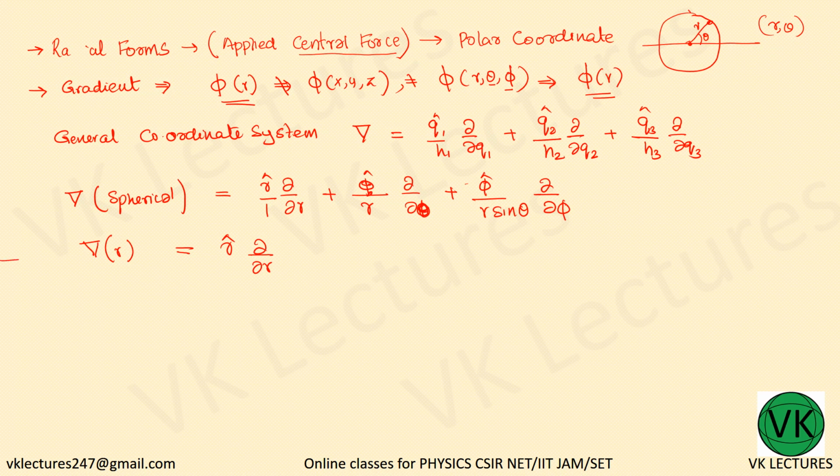So in the radial form, the gradient of phi of r is equal to r cap dou r of phi. The other two terms will not be present because our function phi is a function of r alone, which means dou theta and dou phi of the scalar field phi are 0. Only the first term, which is with respect to r, remains.